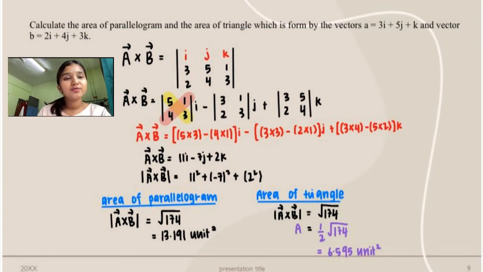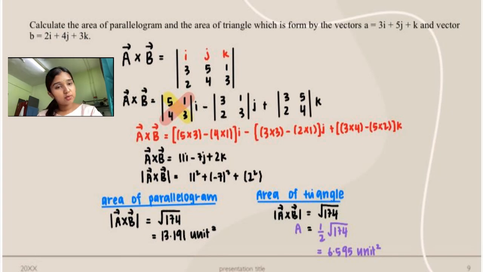Okay, so next, to find the area of the parallelogram, we need to find the modulus of the cross product of vector A and vector B. The cross product of vector A and vector B is 11I minus 7J plus 2K. So we need to square all those values, which is 11 squared plus negative 7 squared plus 2 squared.